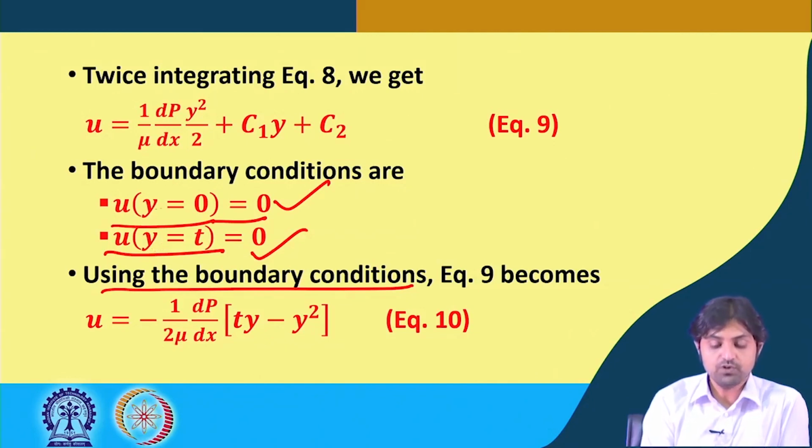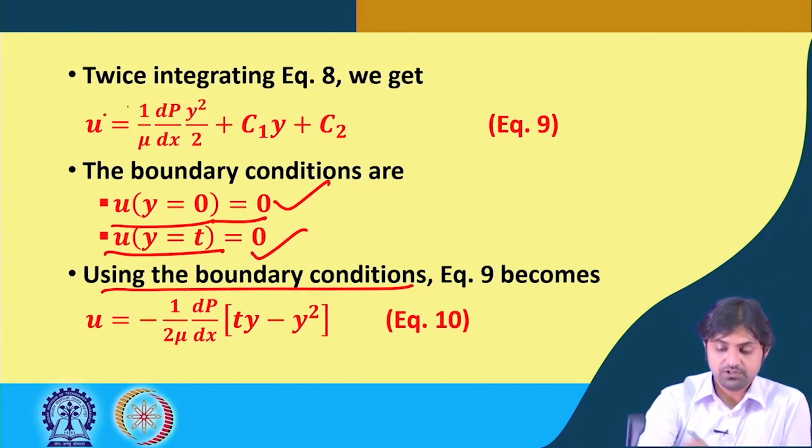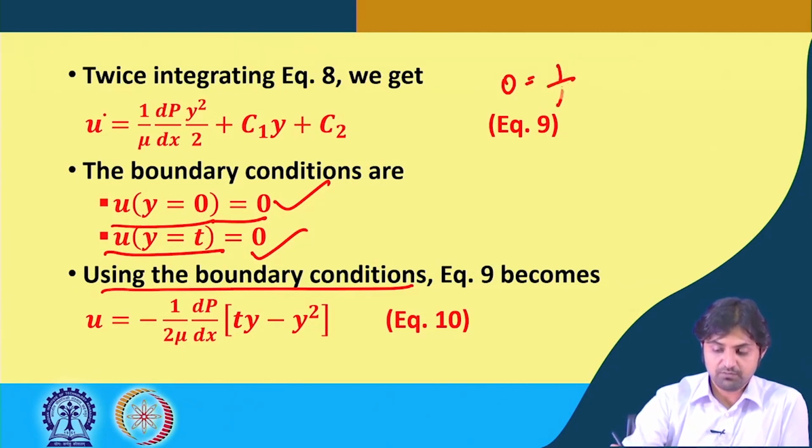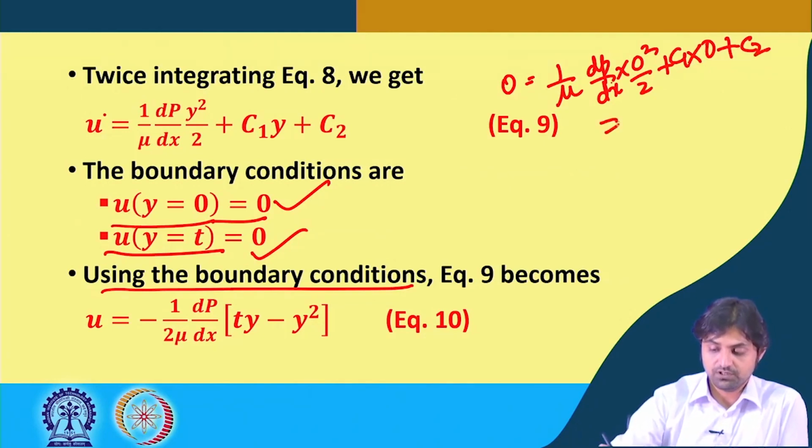We say u at y is equal to 0 is 0. So, in this equation, put u is 0 at y is 0: 1 by mu dP/dx, 0 square by 2, plus c1 into 0, plus c2. This will give c2 is equal to 0.